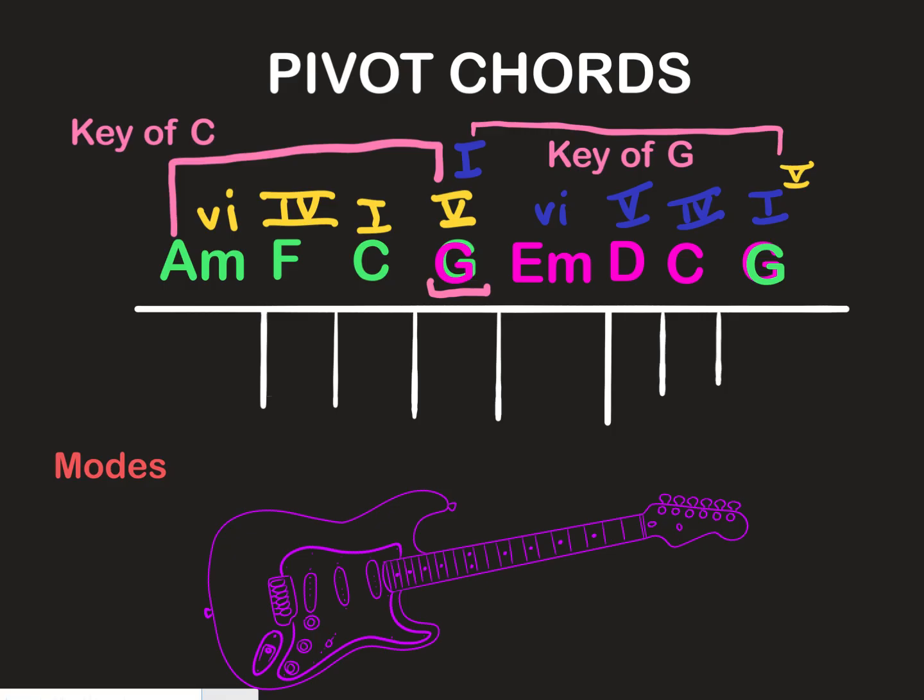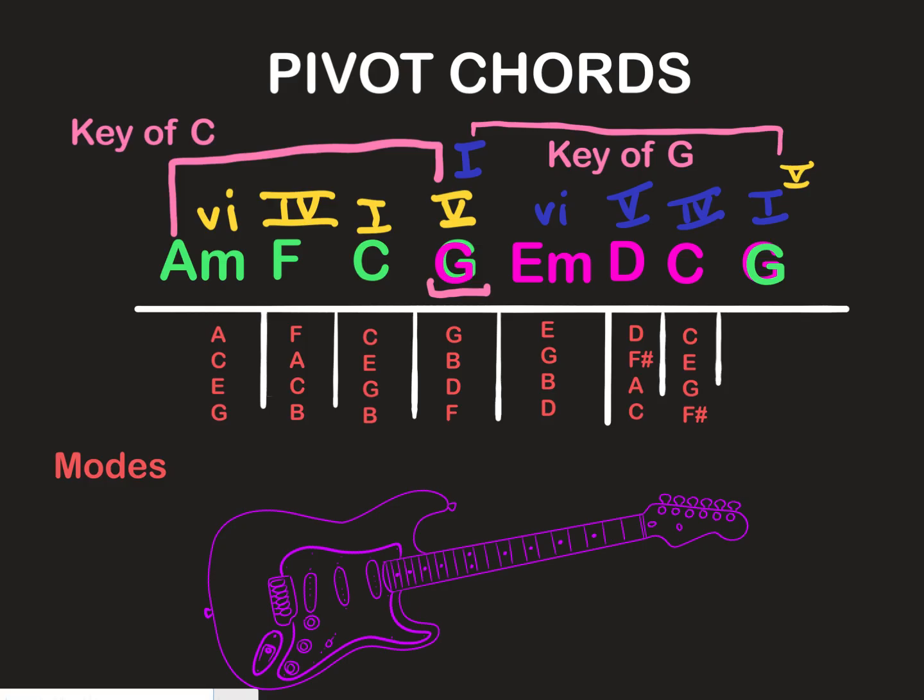A Aeolian: A, C, E, G. F Lydian: F, A, C, B. C Ionian: C, E, G, B. G Mixolydian: G, B, D, F. E Aeolian: E, G, B, D. D Mixolydian: D, F sharp, A, C. C Lydian: C, E, G, F sharp.